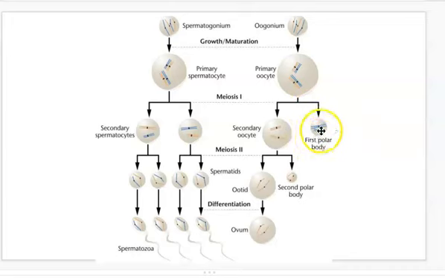This does not have enough other stuff in order to survive, so it dies off, and it may actually be ovulated, but nothing can happen at that point. So another difference is that with unequal cytokinesis, you get a polar body.